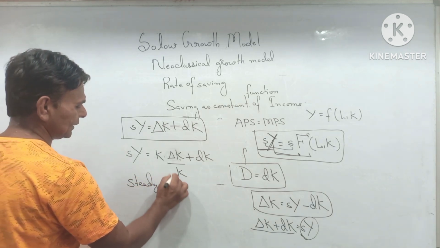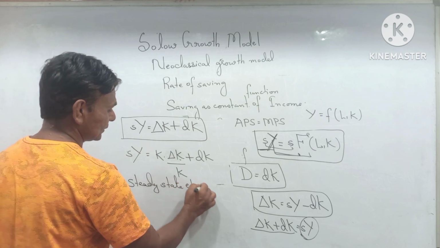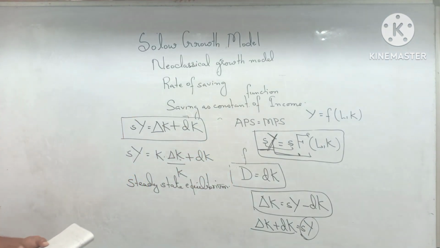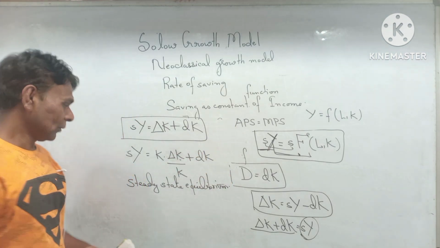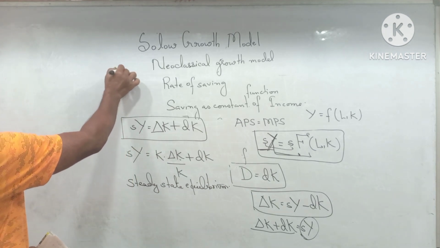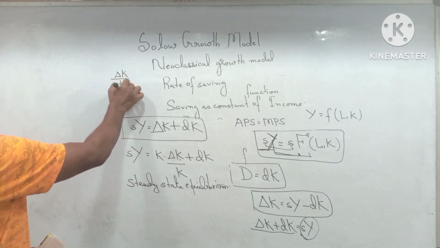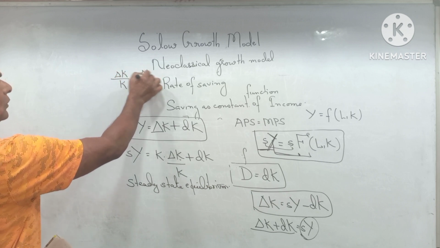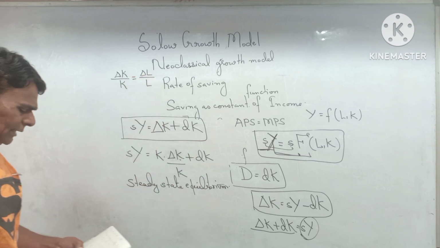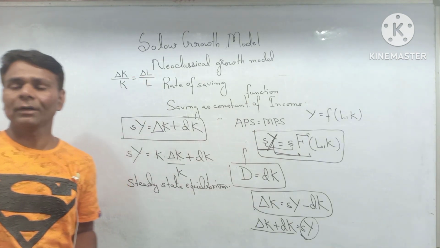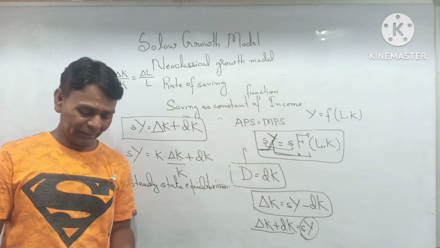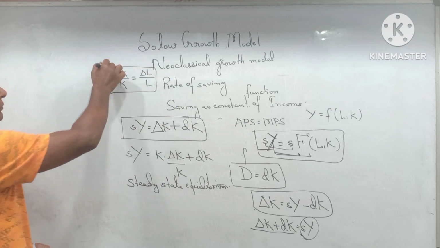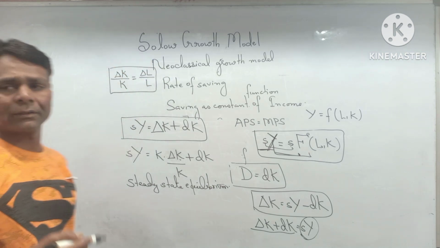For a state of equilibrium, it is very important to learn equilibrium. The growth of capital stock, delta K by K, must equal the growth rate of labor, delta L by L, at the point of a steady state equilibrium. The growth rate of the stock of capital equals the growth rate of the population.